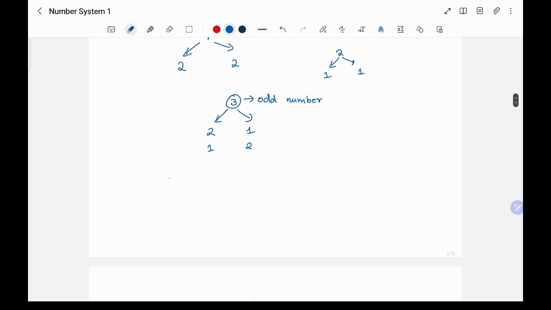So what are the even numbers? All the even numbers will be divisible by 2. So 2, 4, 6, 8 and so on. Odd numbers are nothing but 1, 3, 5, 7 and so on. So these are the even numbers, and these are the odd numbers.